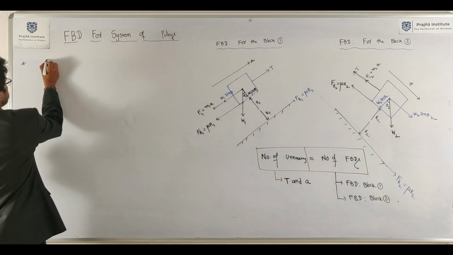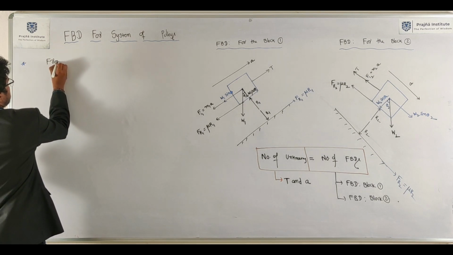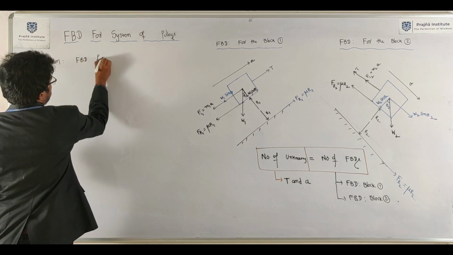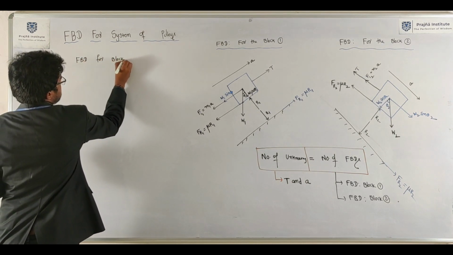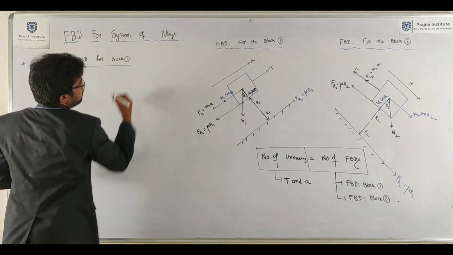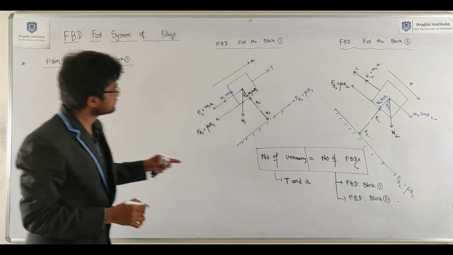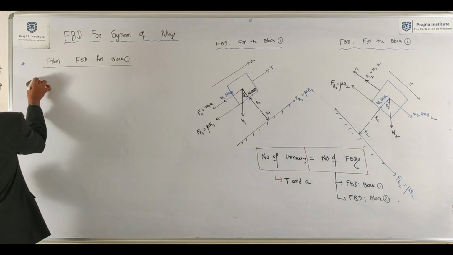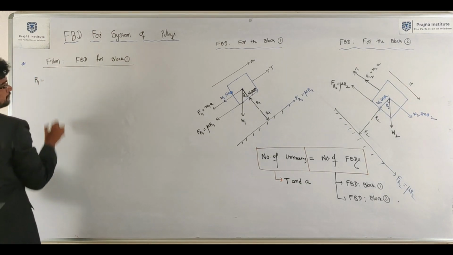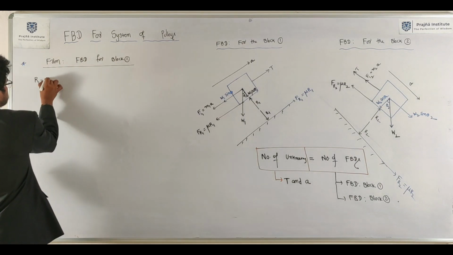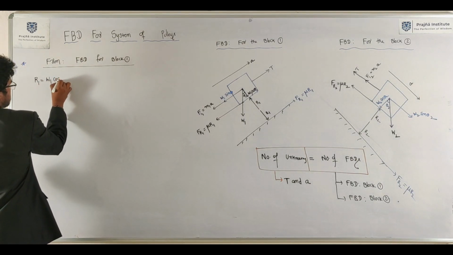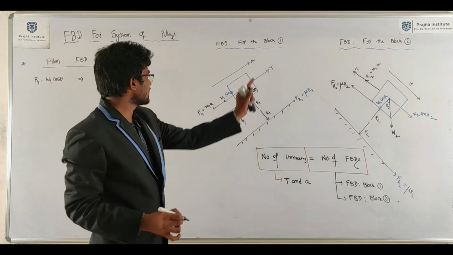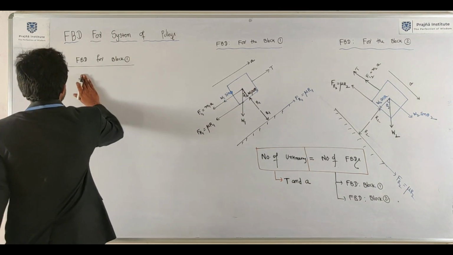From the FBD for block 1, what will you get? R1 equals W1 cos theta 1. Here the sum of the right forces equals the sum of the left forces.